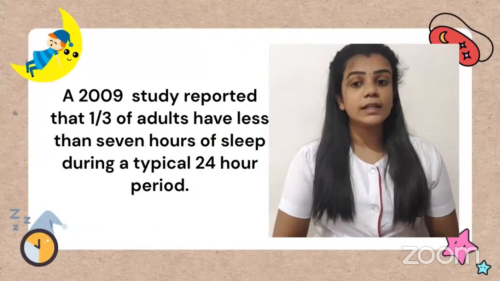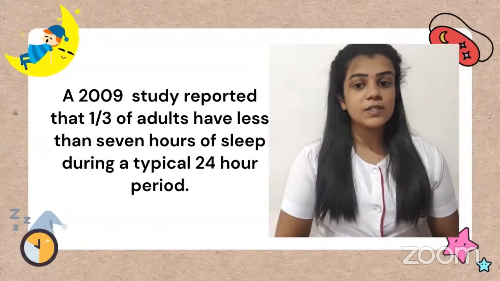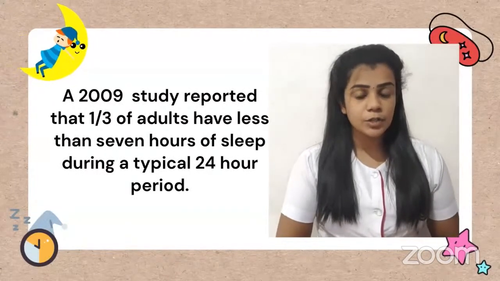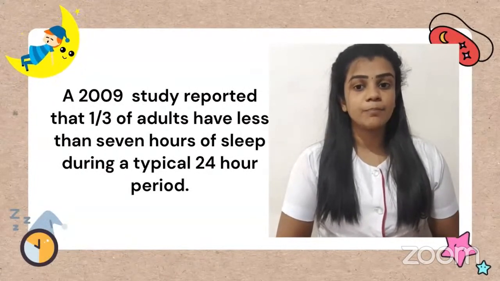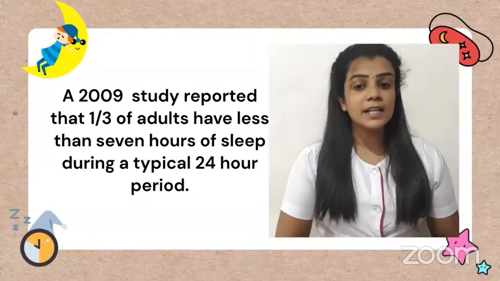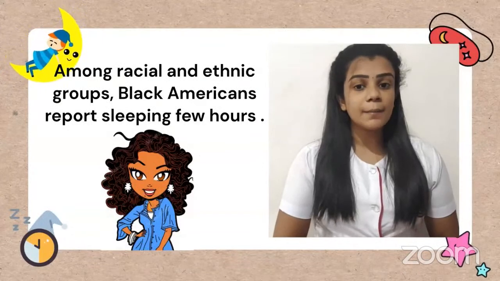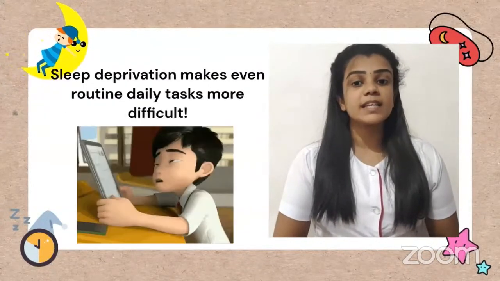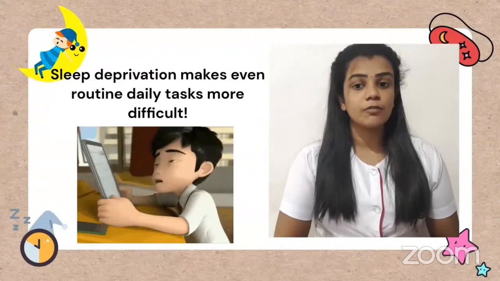In fact, over a third of adult respondents to a 2009 nationwide study reported less than 7 hours of sleep during a typical 24-hour period. Young and middle-aged adults report less sleep. Among racial and ethnic groups, Black Americans reported sleeping fewer hours. Sleep deprivation makes even routine daily tasks more difficult.